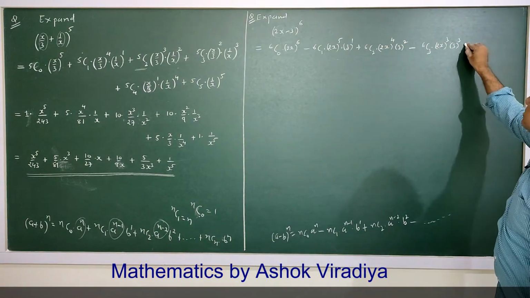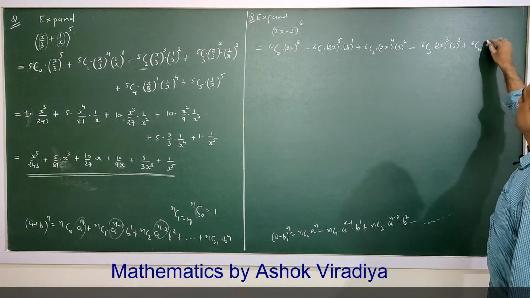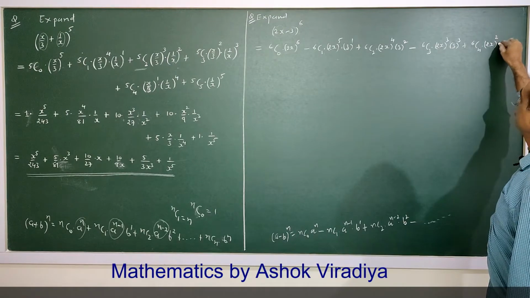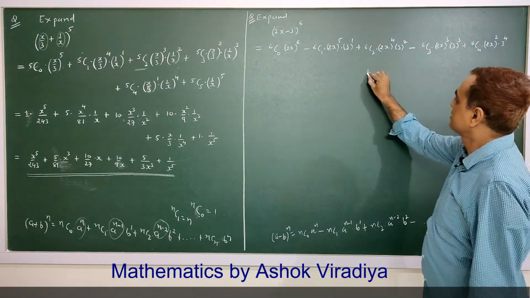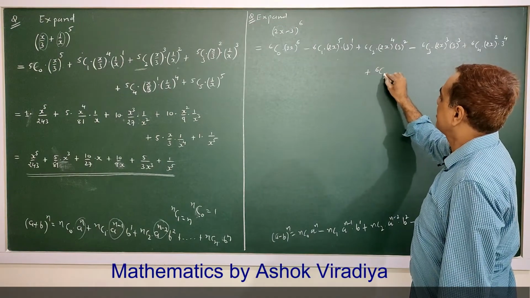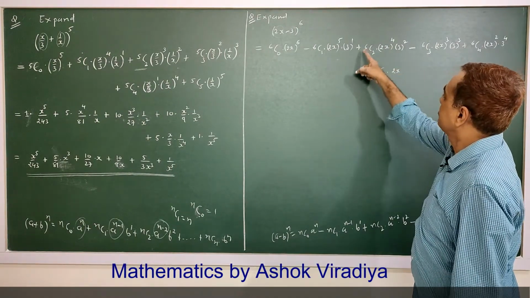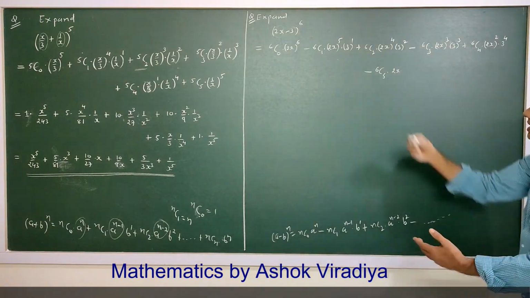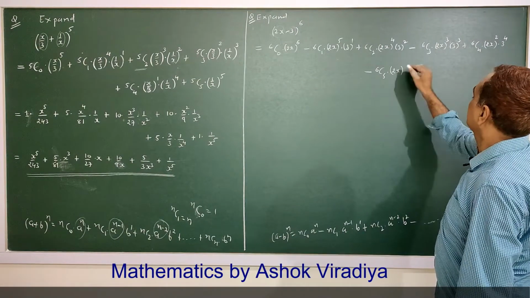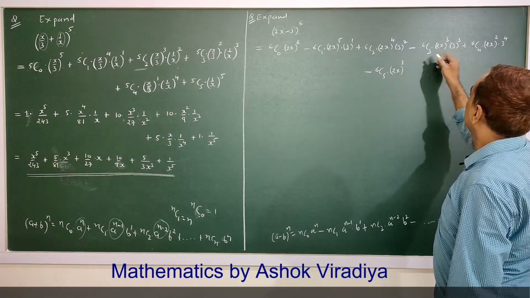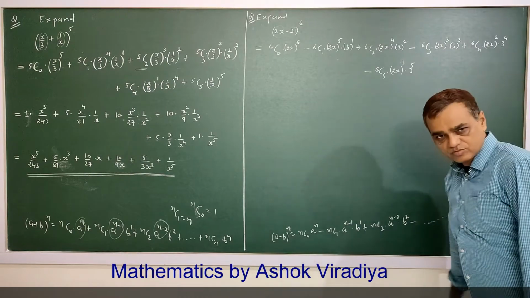Then plus 6c4 2x raised to 2, 3 raised to 4, plus 6c5 2x raised to 1, 3 raised to 5, with signs alternating.